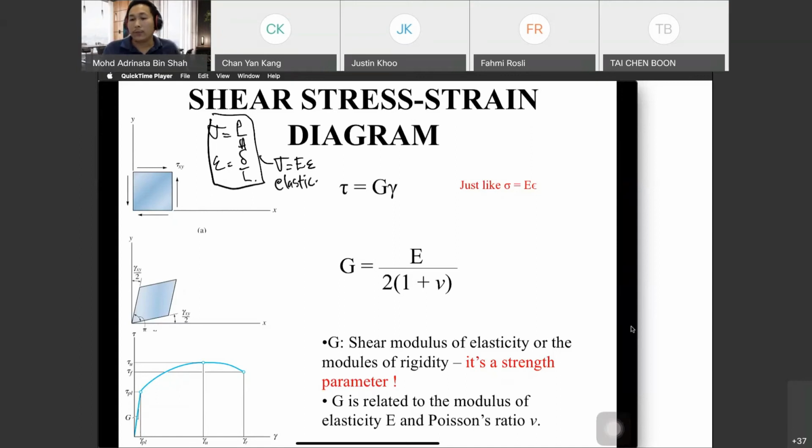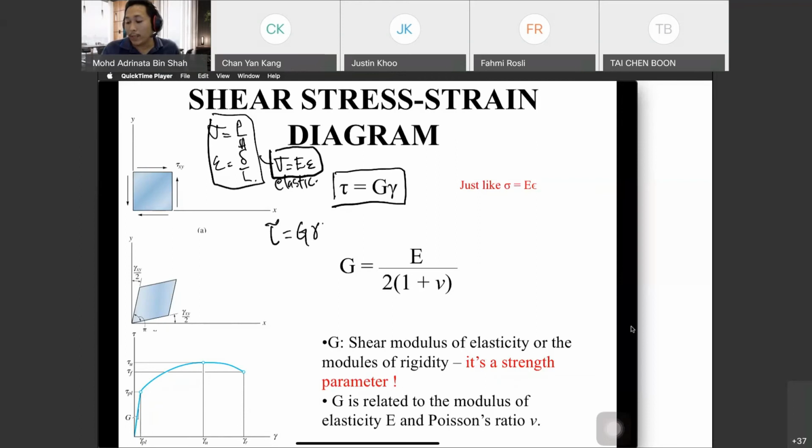Okay, so for the shear stress strain diagram, this is the same as Hooke's law. Tau is equal to V over A, equal to G, the shear modulus of elasticity, times gamma.